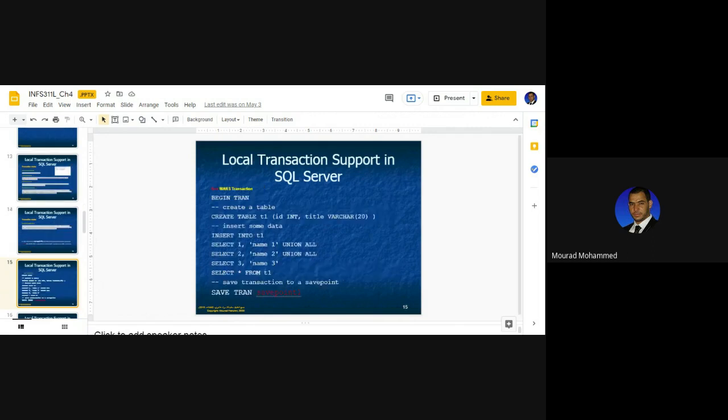Let's take the example of the following transaction, which is a non-MARS transaction, non-multiple active result set based transaction. It's a transaction that begins here and it ends somewhere, but in here we have a create T1 ID.